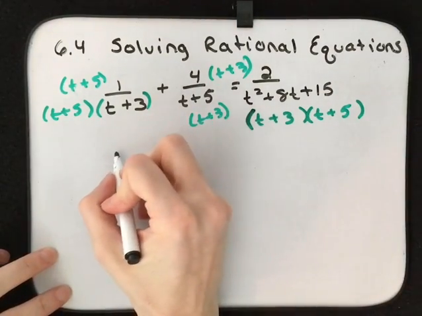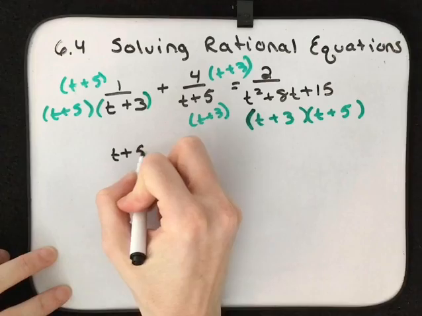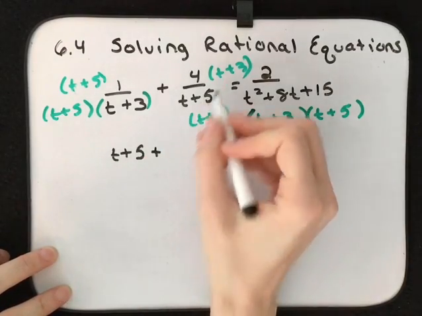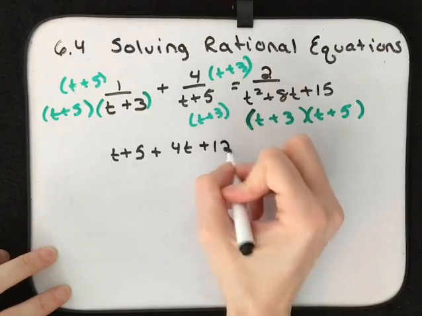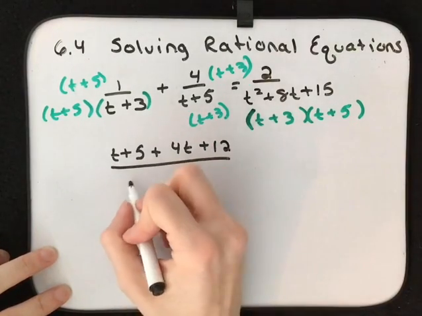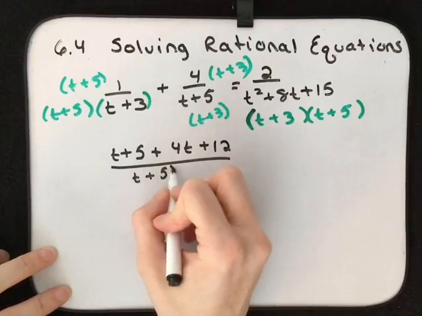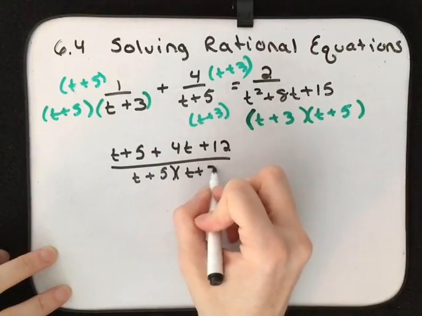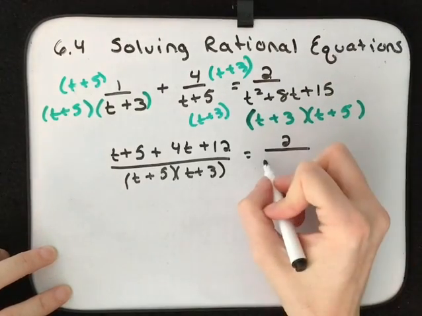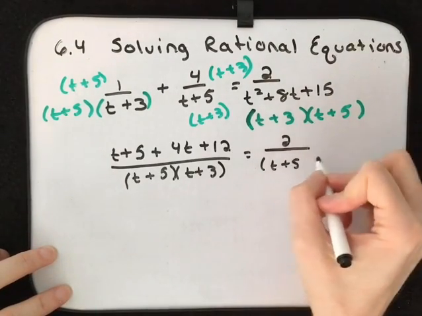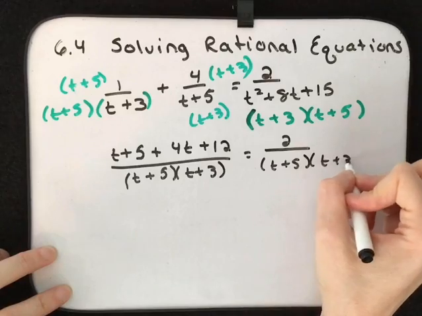That will give us t plus 5 plus 4 times t is 4t, 4 times 3 is 12, all over (t plus 5) times (t plus 3) from our common denominator, equaling 2 all over (t plus 5) times (t plus 3).